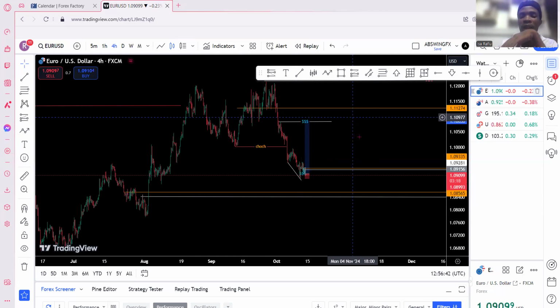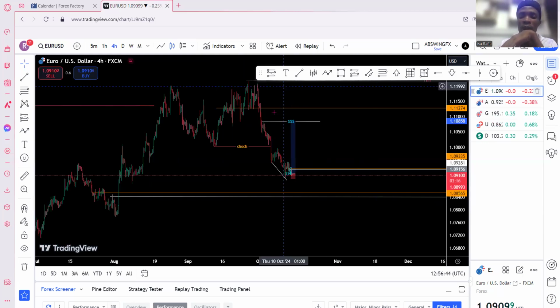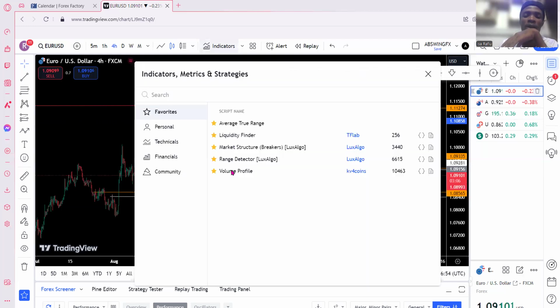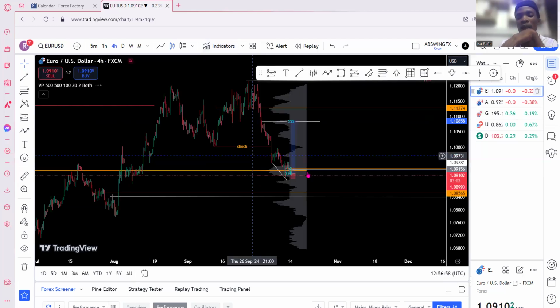And if you might ask me why I put this yellow, that's where the volume, the money inflow in the market is. My volume profile tells you the exact point, which is this.